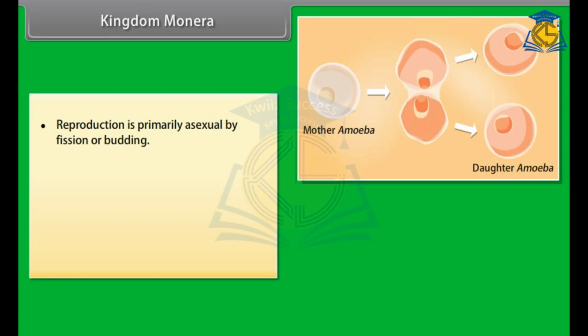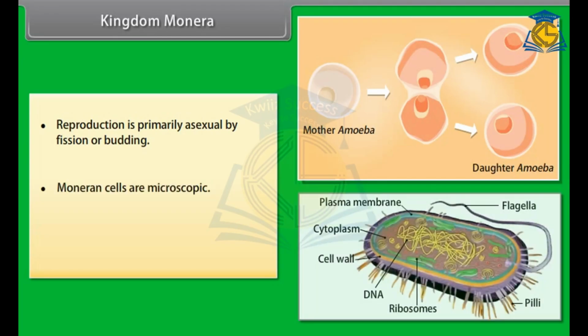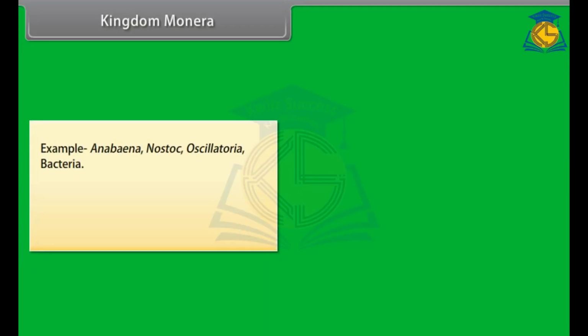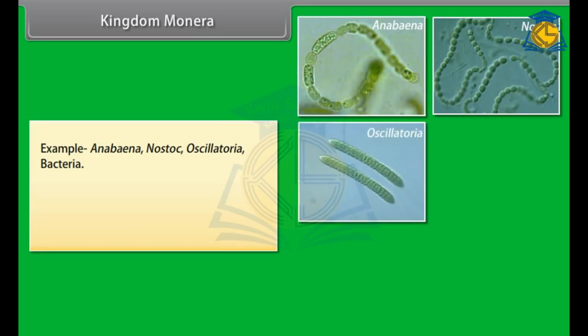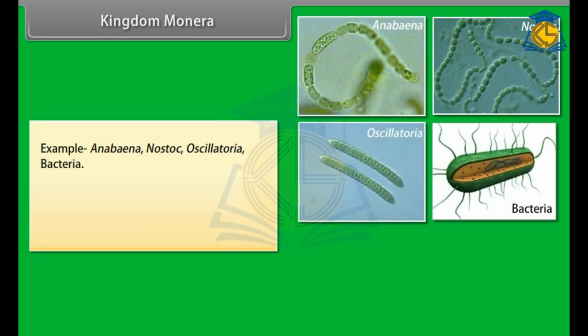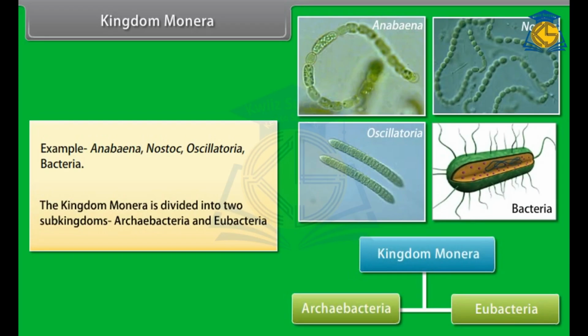Reproduction is primarily asexual by fission or budding. Moneran cells are microscopic. Most organisms bear a rigid cell wall. Example: Anabaena, Nostoc, Oscillatoria, bacteria. The kingdom Monera is divided into two subkingdoms, Archaebacteria and Eubacteria.